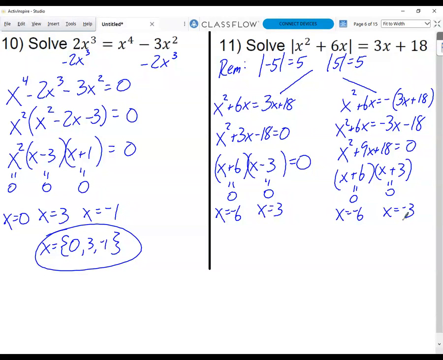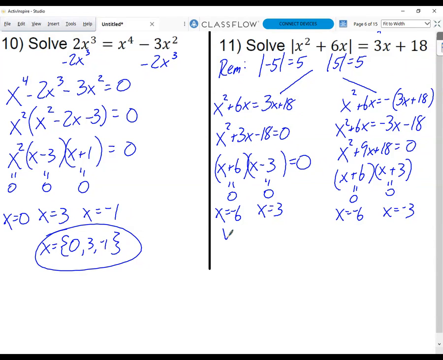So if we put negative 6 back into the original equation, negative 6 squared is 36. Plus 6 times negative 6 is going to be negative 36. So 36 minus 36 is 0. 3 times negative 6 is negative 18. Negative 18 plus positive 18, 0.